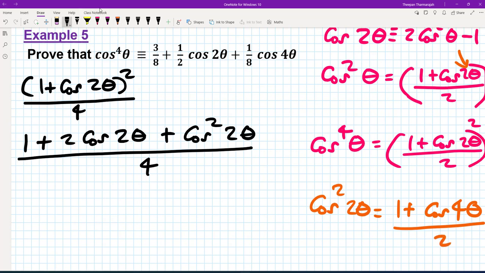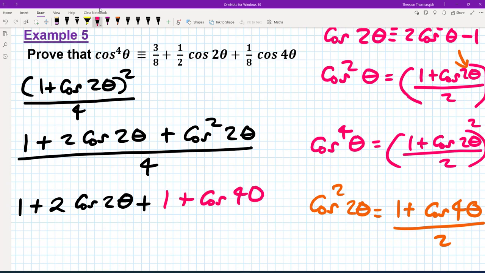So I can now substitute that in. So I can do 1 plus 2 cos 2 theta plus, and I'm going to write that in pink so you can see what I'm doing, 1 plus cos 4 theta. Now be careful here. It's all divided by 2. And then don't forget, now we're going to divide everything by 4.